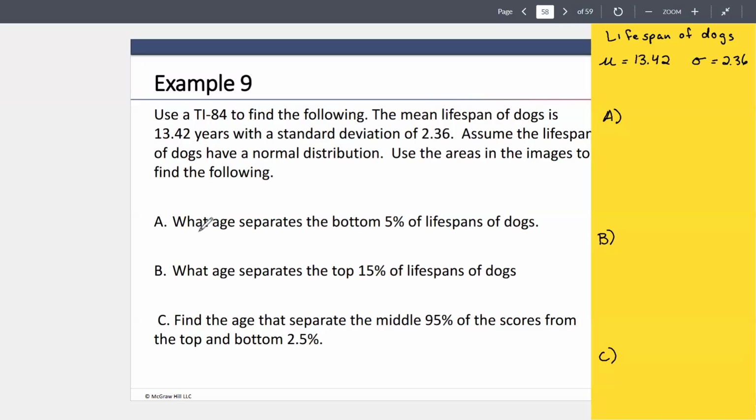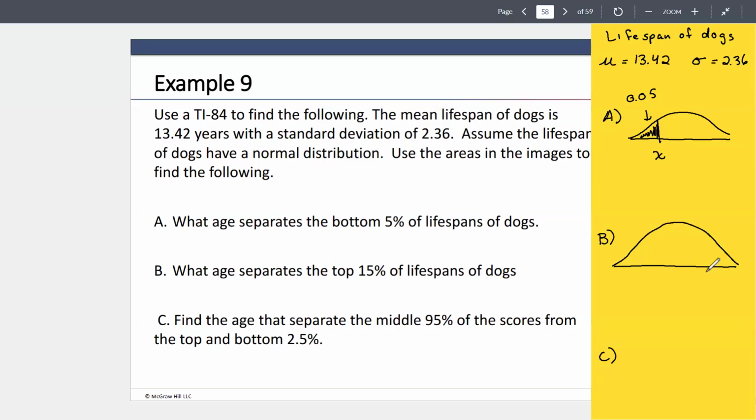So going back to the dogs again, we had this question before with using the table. What age separates the bottom 5% of lifespan of dogs? So we're looking for X, and we want this to be the bottom 5%. So that is what we're looking for. So that's our area to the left.